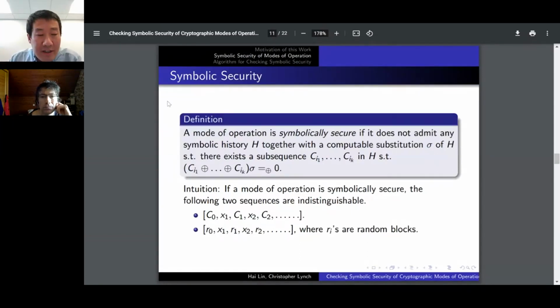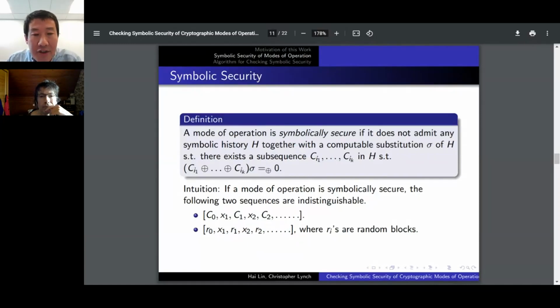So here's the definition of symbolic security. Essentially, this definition says a mode of operation is symbolically secure if it doesn't admit any symbolic history where there's a subsequence of ciphertext blocks in H such that their XOR is 0 under that computable substitution.